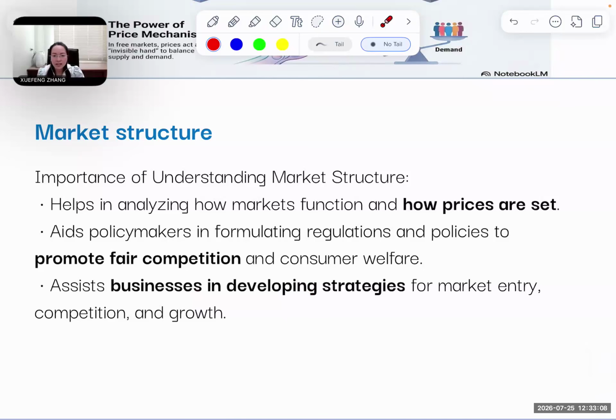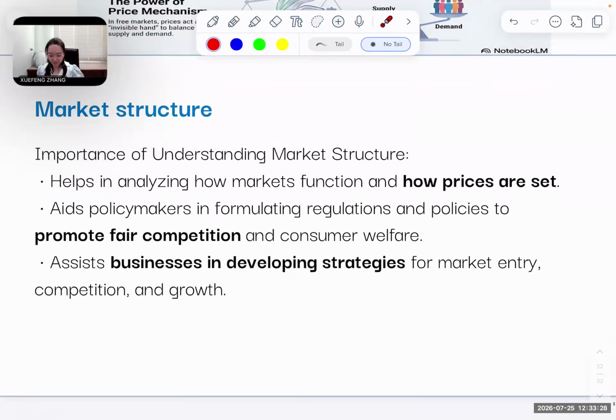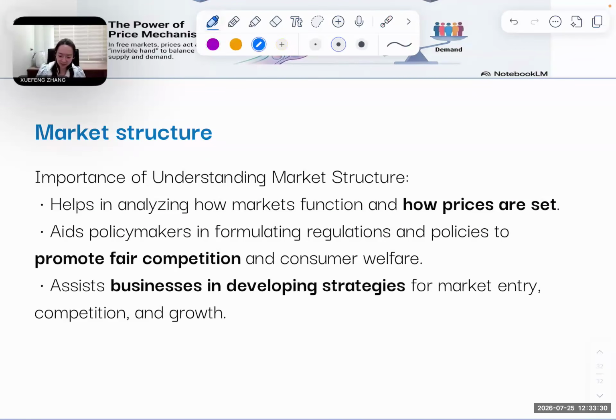So, this isn't just theory, it's literally the first question you would ask before entering any market. The question is, how many players are already here and how much power do they have? Okay, let me write it down. I think it's very interesting.